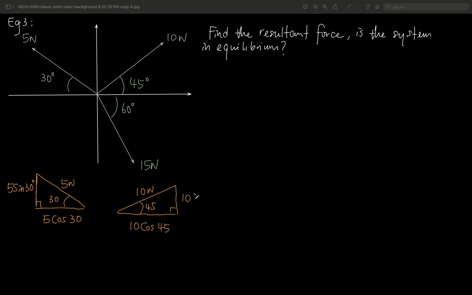This one is 10 sin 45. And the last one here, 60 degrees, 15 Newton. So this would be 15 sin 60 and 15 cos 60.